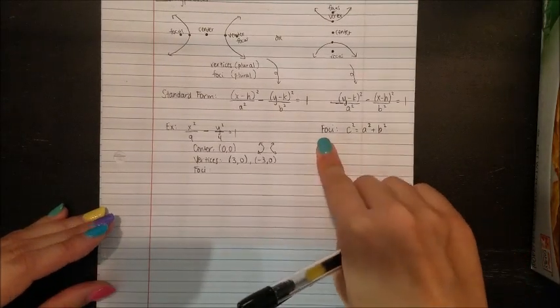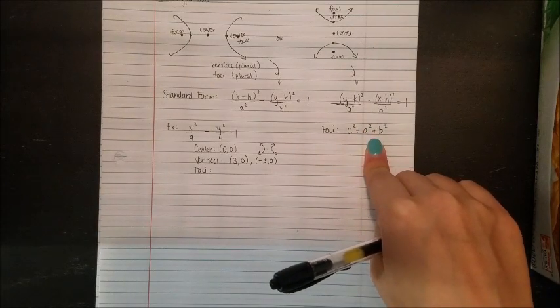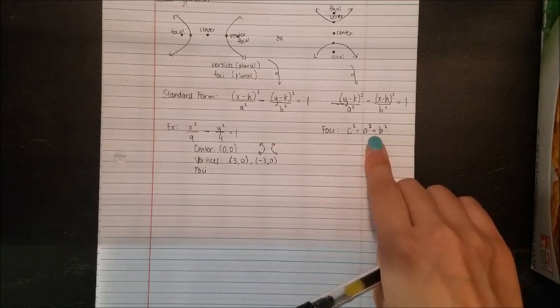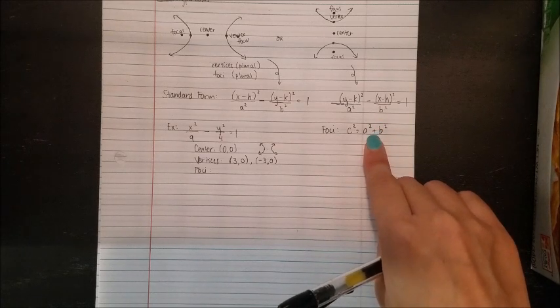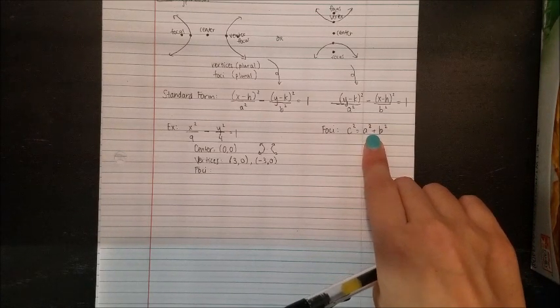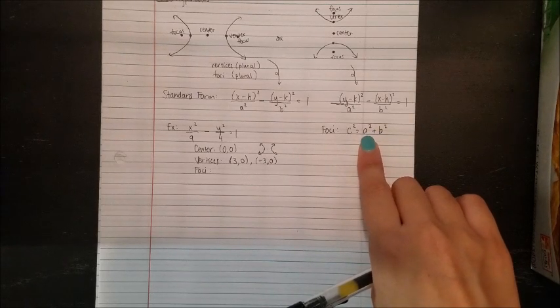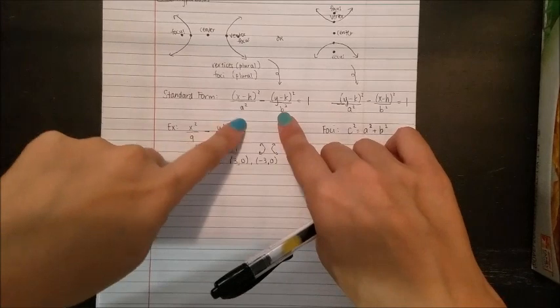So if you remember with the ellipses, this was not the same thing, because with ellipses this was a minus sign. So we did bigger squared minus smaller squared because the order in which you subtract is important. But here, we're just adding, so it doesn't matter which one's bigger, which one's smaller. Just the two numbers at the bottom, add them together.